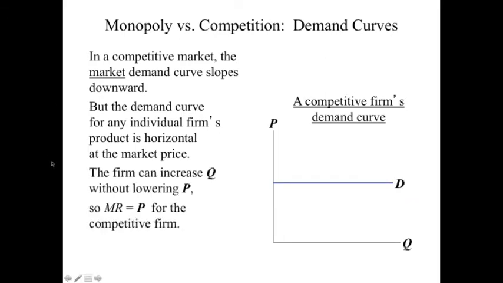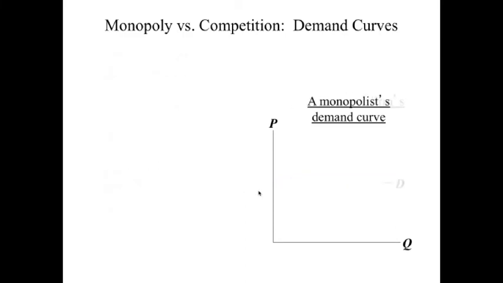So the big implications, remember we learned about this in perfect competition. The marginal revenue equals the price for the competitive firm, right? It doesn't matter whether you sell a very small amount or a whole lot. If you're the competitive firm, you always face the same price because each firm is so small, they have no impact on the market price. Monopolist, though, that's not the case.